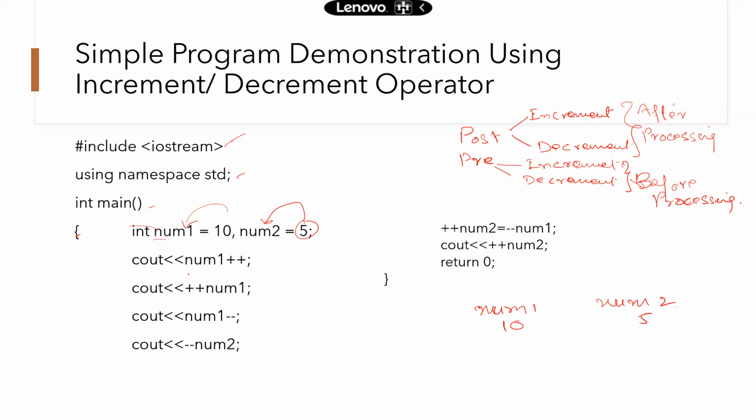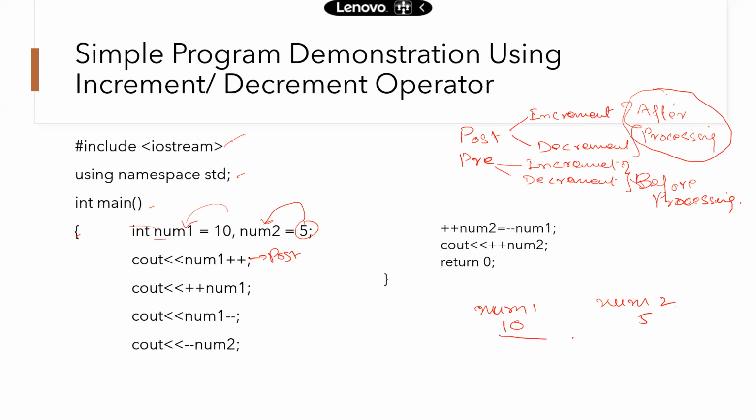So what we are doing over here is this is your post increment. What did I say? That being a post increment, we are going to see after processing. Whenever it's a post, it's after processing. So this means whenever this line has been processed, this variable is going to increment. In this particular case, because it is output, this is going to give you the value 10.